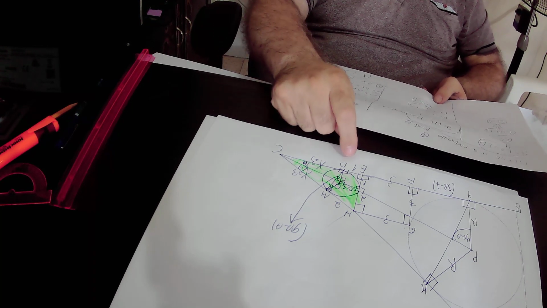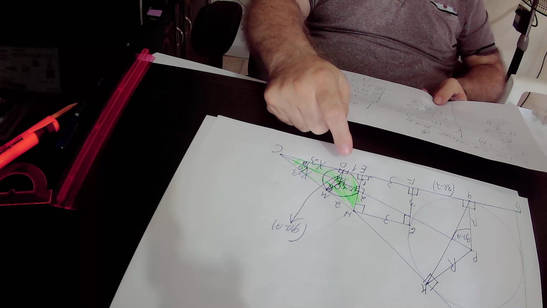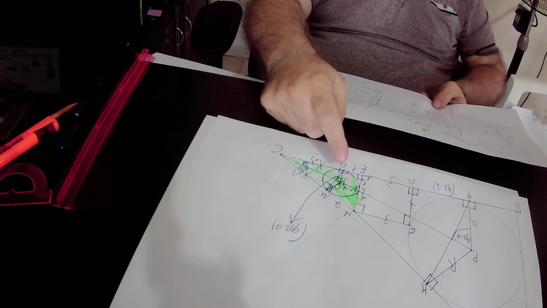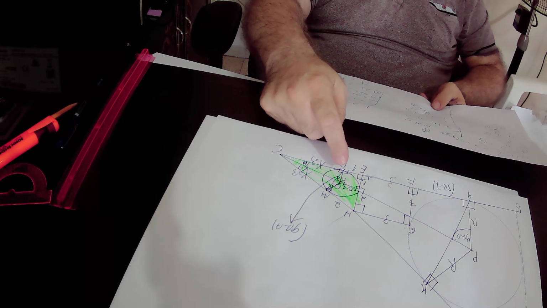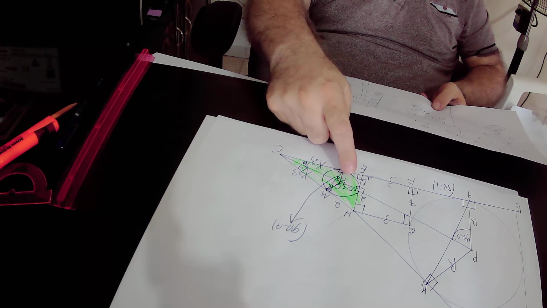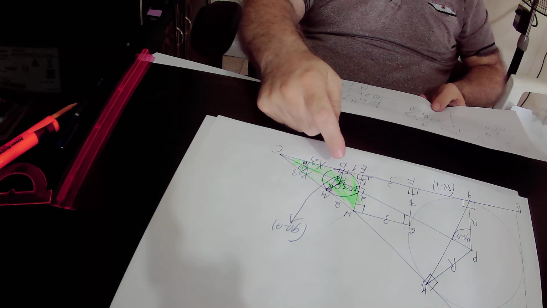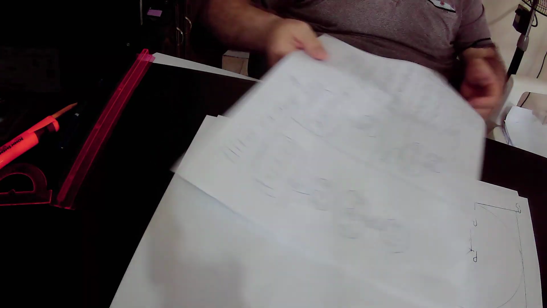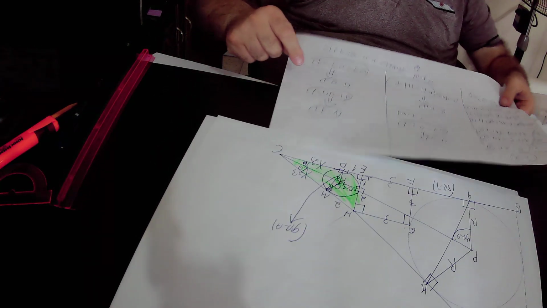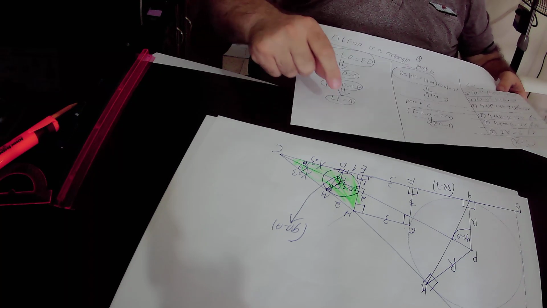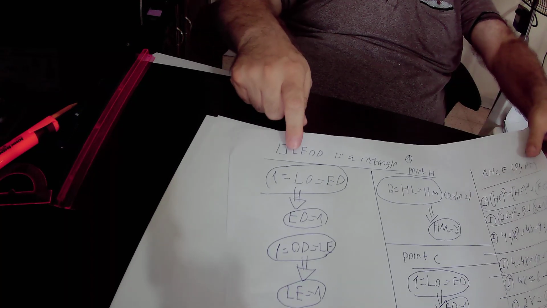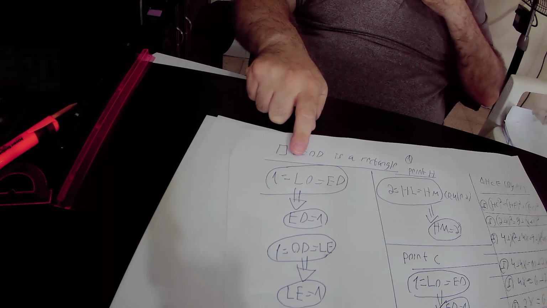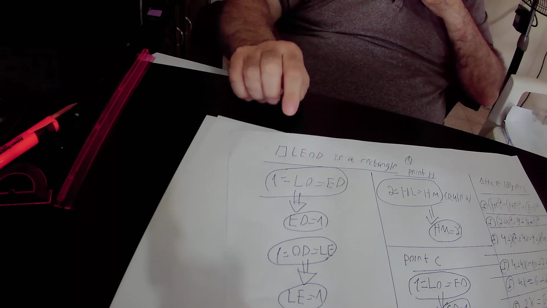And then we return to the rectangle LOED that has 4 right angles, and we know that OD is equal to LE, and ED is equal to LO. But LO is the radius of the circle that is equal to 1, and from this equation we derive that ED is also equal to 1.